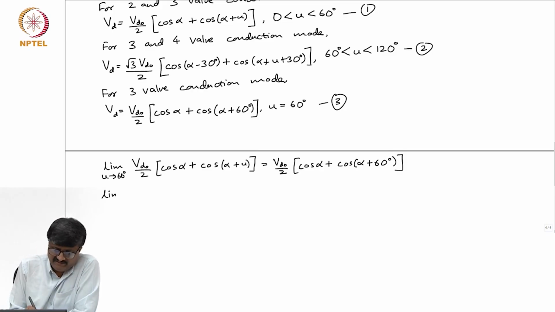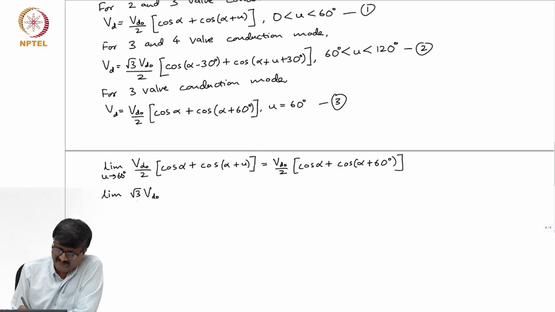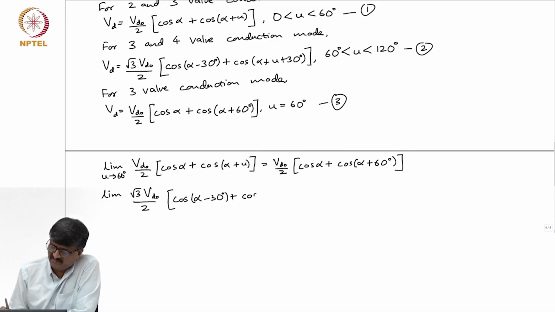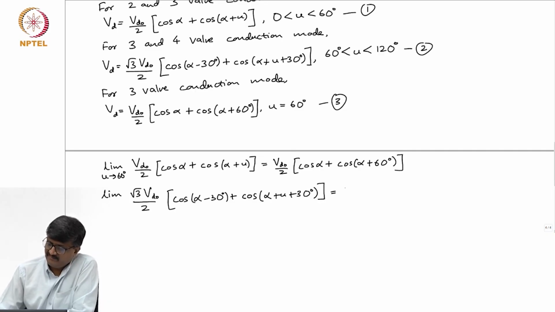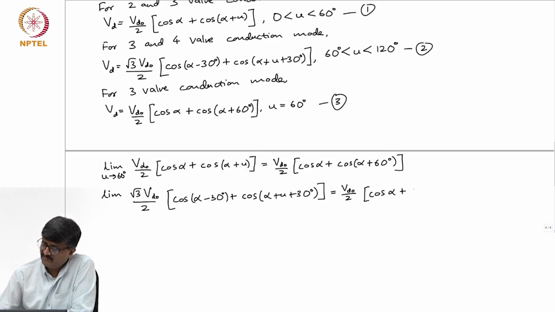Similarly, if I take the limit of the expression for Vd, which is appearing on the right hand side of equation 2, that is limit of root 3 Vdo by 2 into cos alpha minus 30 degrees plus cos alpha plus u plus 30 degrees, this can be shown to be equal to Vdo by 2 cos alpha plus cos alpha plus 60 degrees.